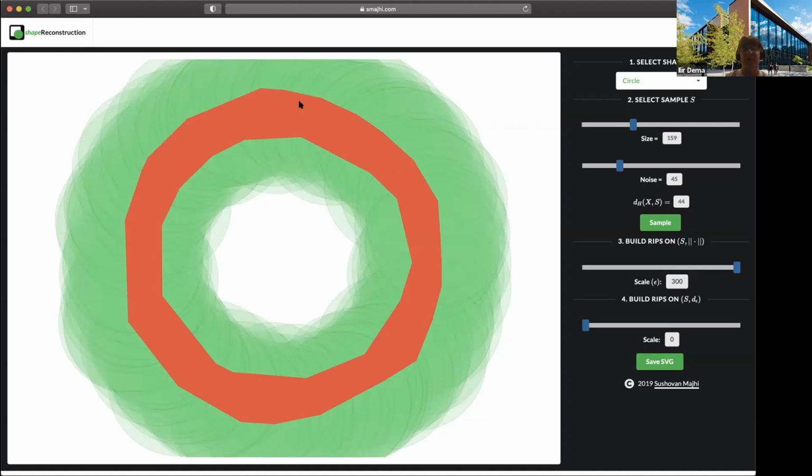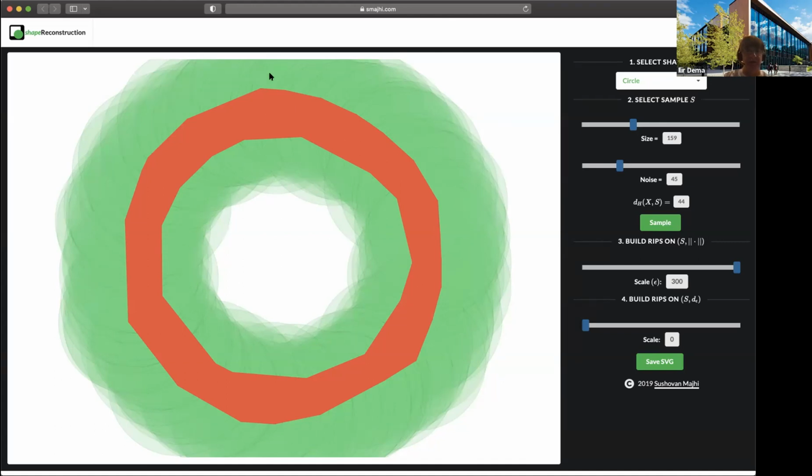Here we see that this feature in dimension 1, this hole in the middle of the structure, survives for a very long time. And this tells you that this feature is probably an intrinsic feature of the original manifold where this data set was really taken from or measured from. That's what topological data analysis deals with.